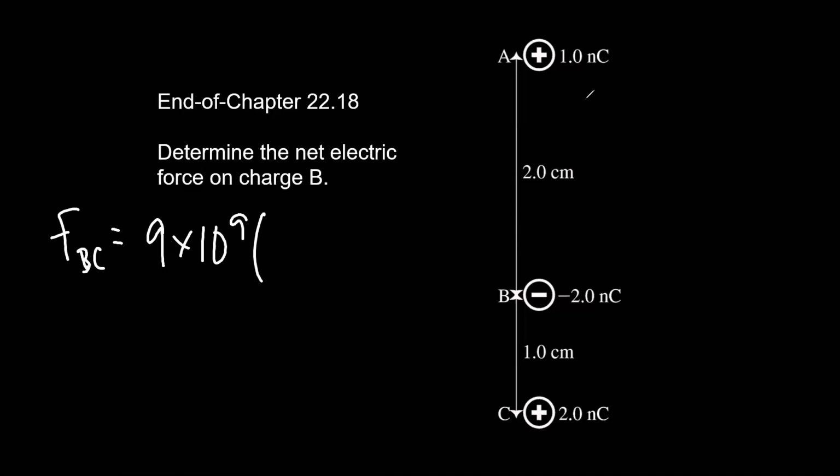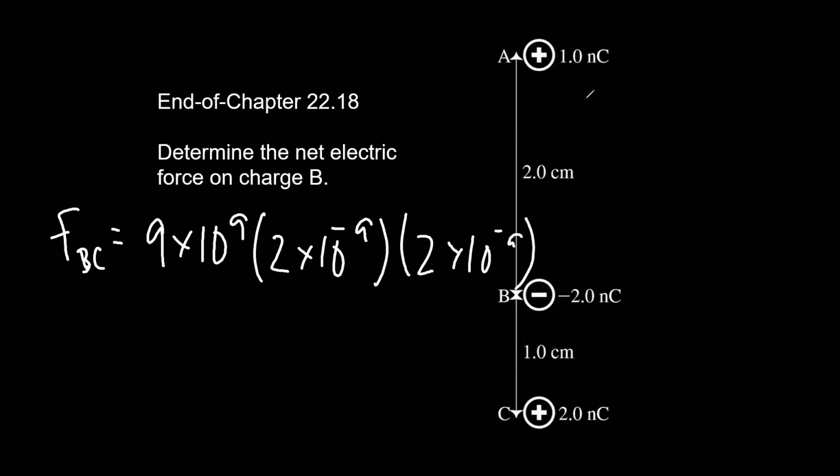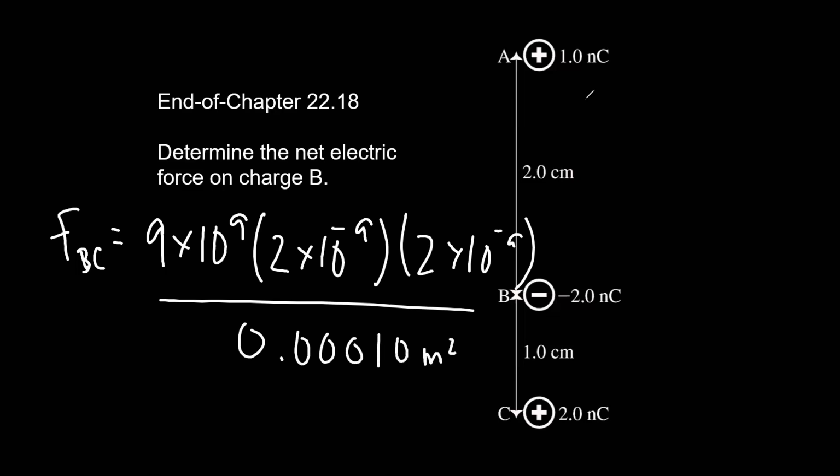But now we've got 2 times 10 to the negative 9, 2 times 10 to the negative 9, and the denominator, since it's only 1 centimeter, when you square that and convert to meters, it's 0.0001 square meters. And so that all has units of newtons. And so when you work that out, you actually get 3.6 times 10 to the negative 4 newtons.